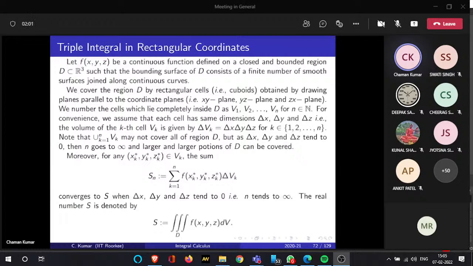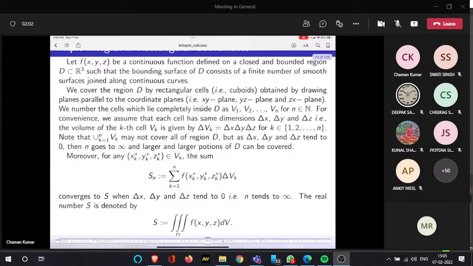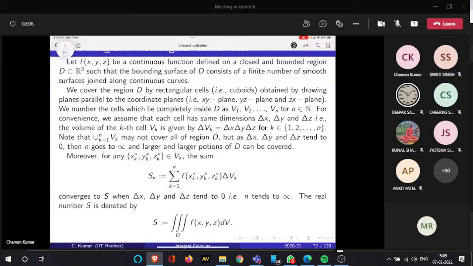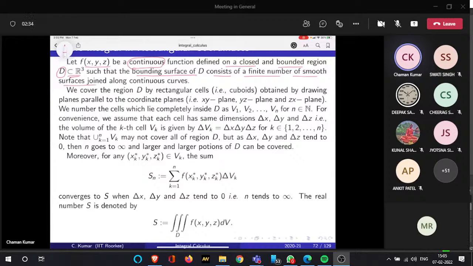So now we consider a function of three variables, and let us assume that this function is continuous in a closed and bounded region D, which is a subset of R3, such that the bounding surfaces of D consist of a finite number of smooth surfaces joined along a continuous curve.